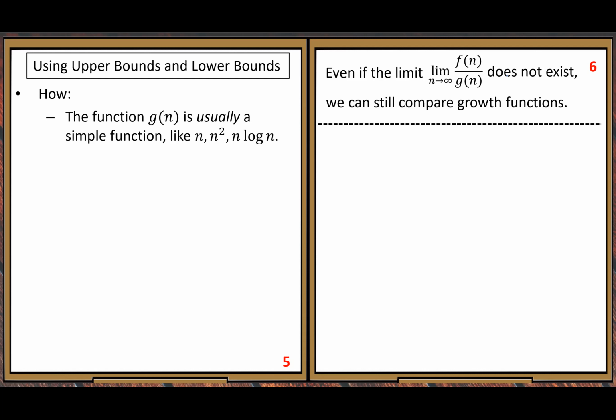Typical situation. But here I use usually. Usually means most of the time, but not 100%, right? Sometimes we do not have to take g of n as a simple function. It could be a complex function. It's okay sometimes, but it's rare.